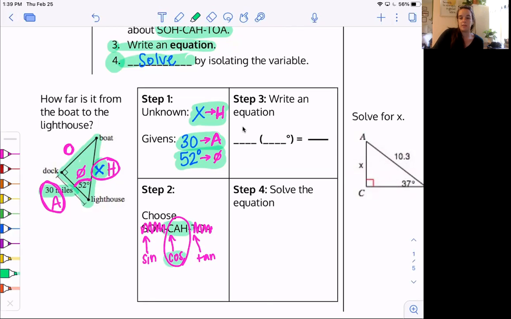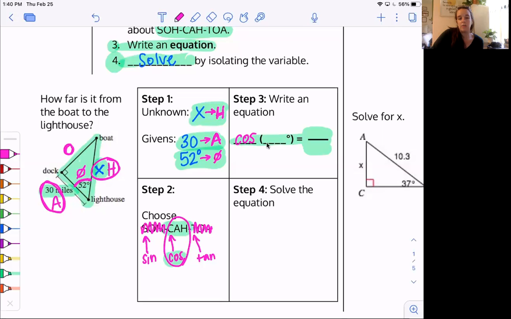So my third step is going to be to write the equation. The first thing I use is whatever I decided, sine, cosine, or tangent. We decided cosine. I'm going to go ahead and write cosine right here. And then after cosine comes the angle.